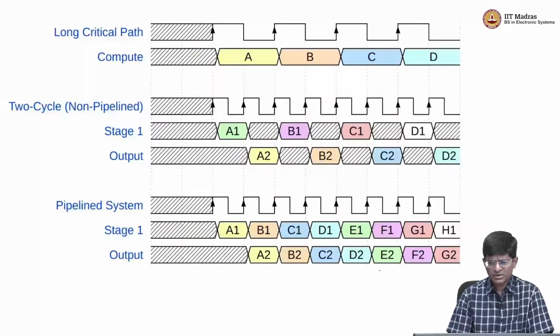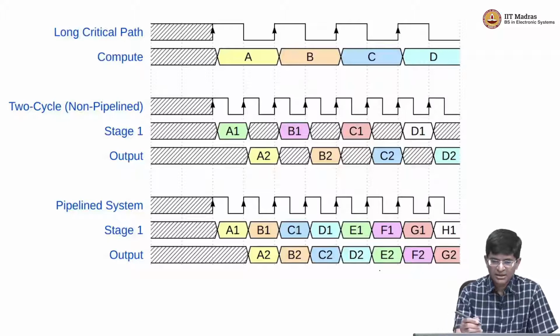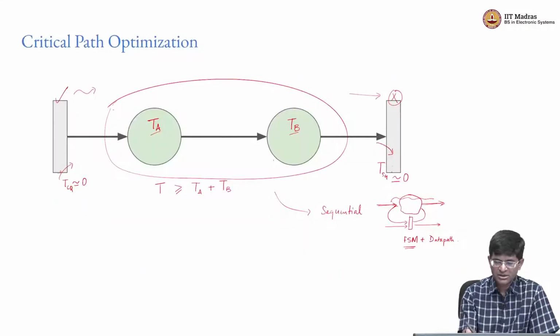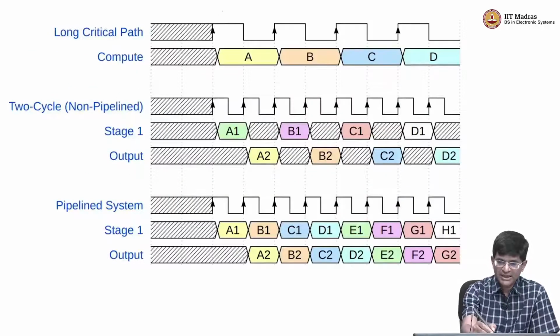So this diagram is a little bit complicated, a little bit busy, but I'm going to use this to try and explain a few things, right. What we have talked about, the so-called normal implementation, which just has T greater than or equal to TA plus TB, which by the way is more or less what you can consider as the behavior of the single cycle CPU in the discussion of the CPUs that we were using before, would correspond to something like this, right.